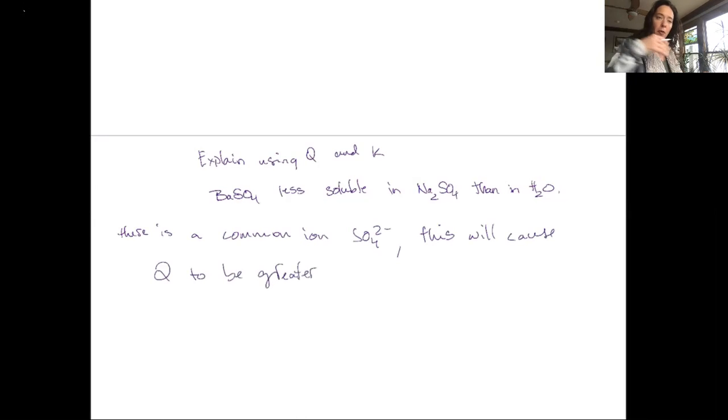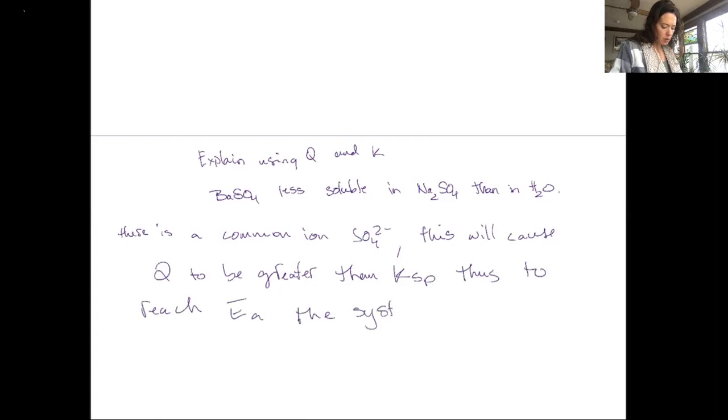Because we already have a big number over there. We already have a lot of products over there. Thus, to reach equilibrium, the system will need fewer ions.